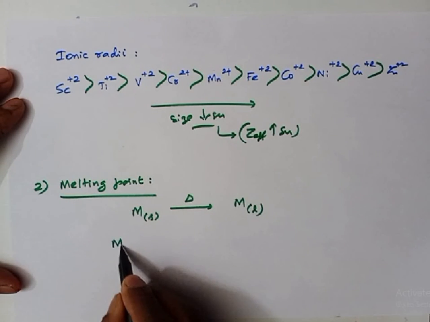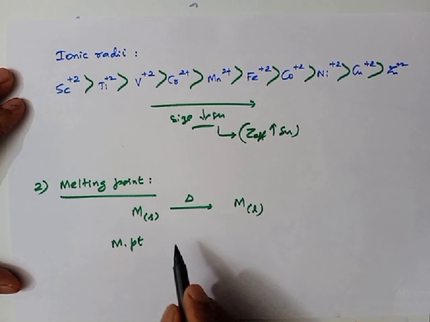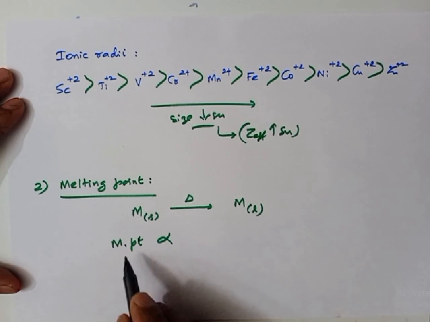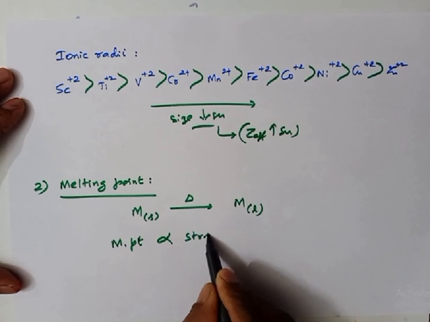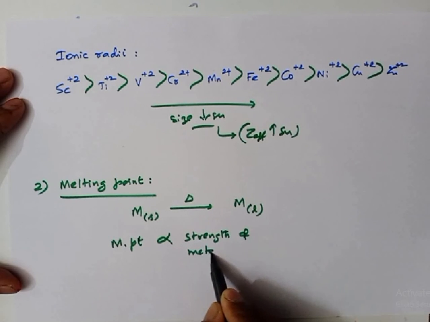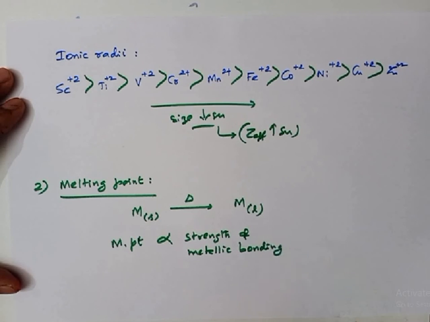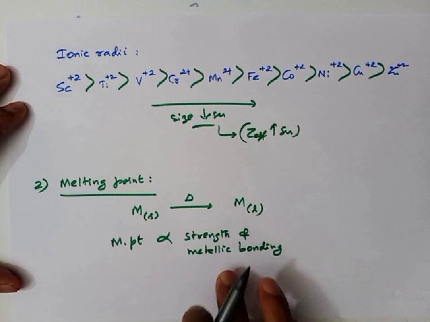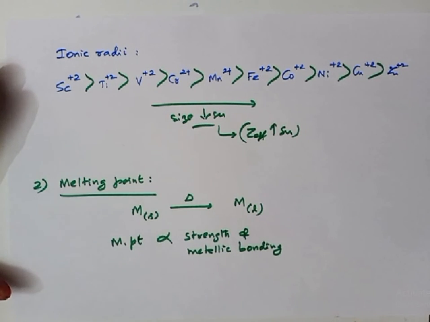So melting point, MPT, is directly proportional to, students observe carefully, the strength of metallic bonding. Another important point here: the strength of metallic bonding depends on the number of unpaired electrons present.